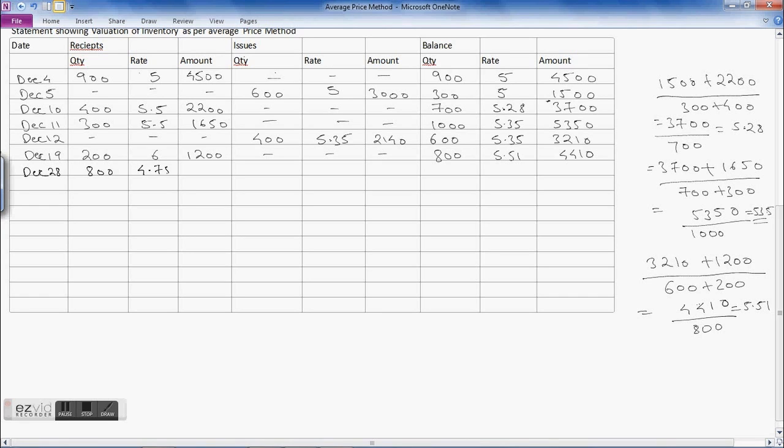That comes to 3800, 4.75 into 800. So there are no issues on this day.